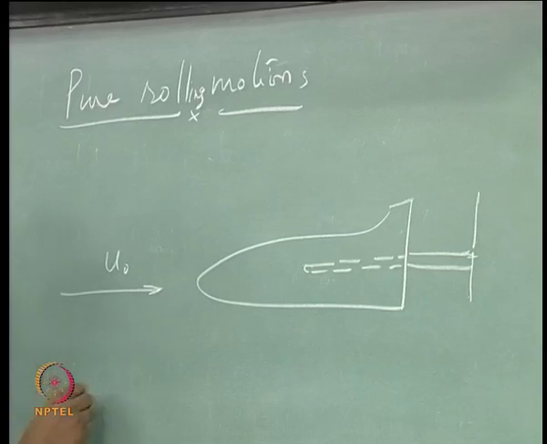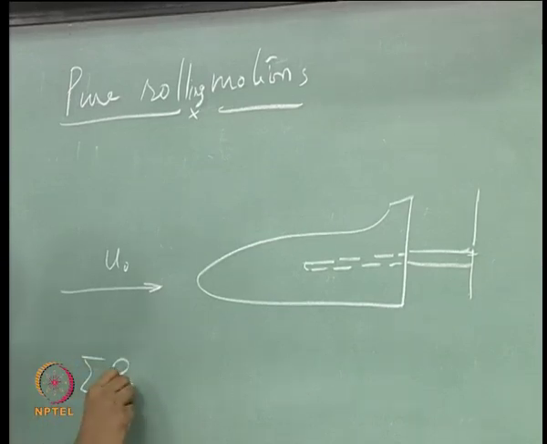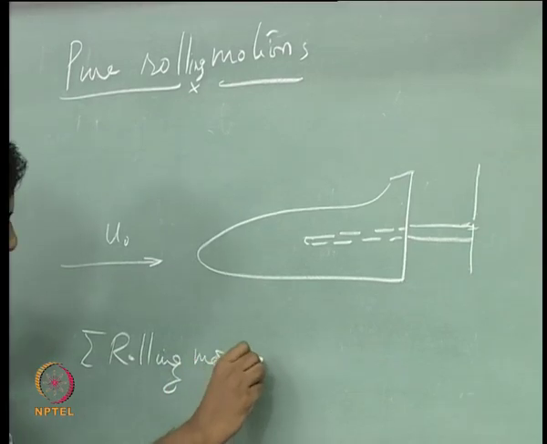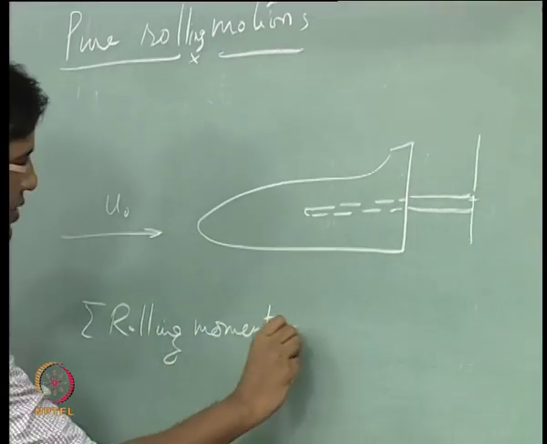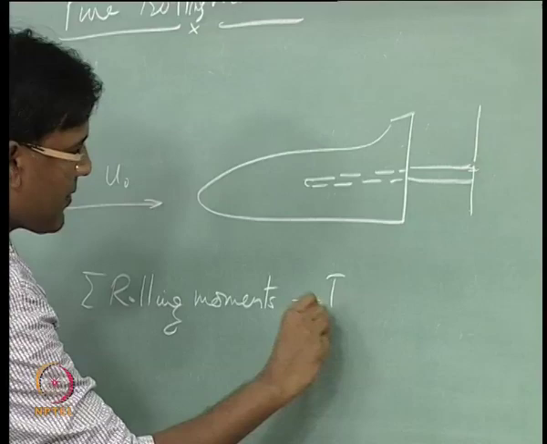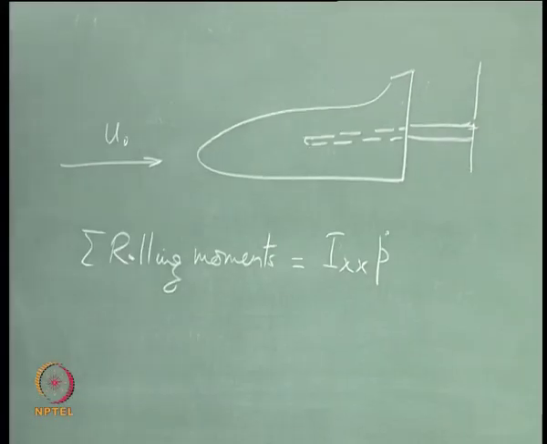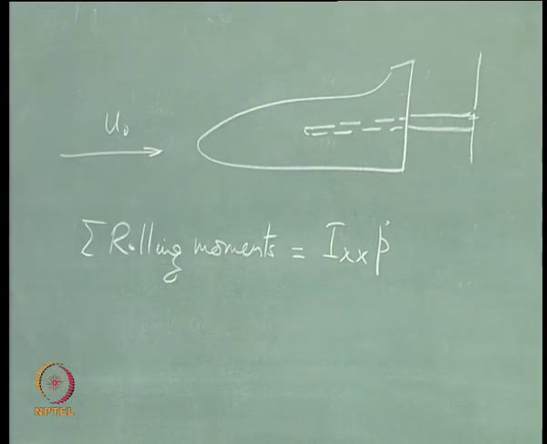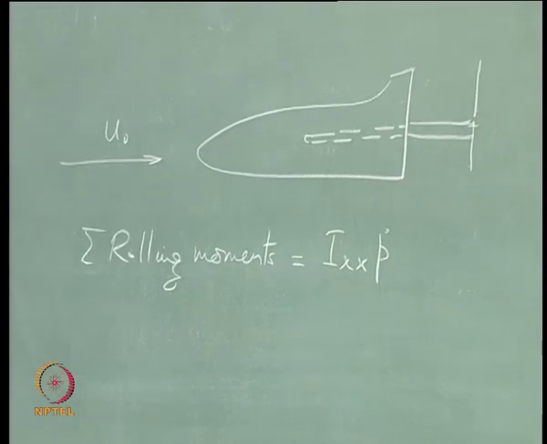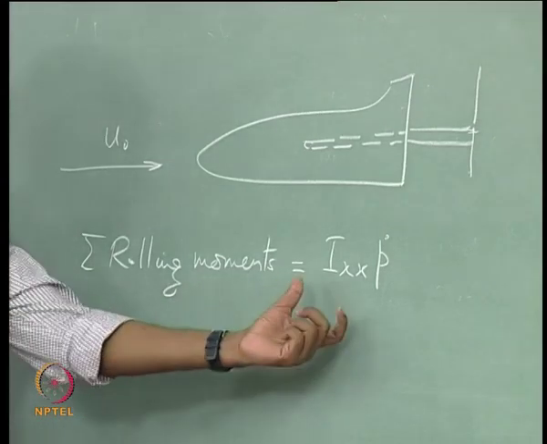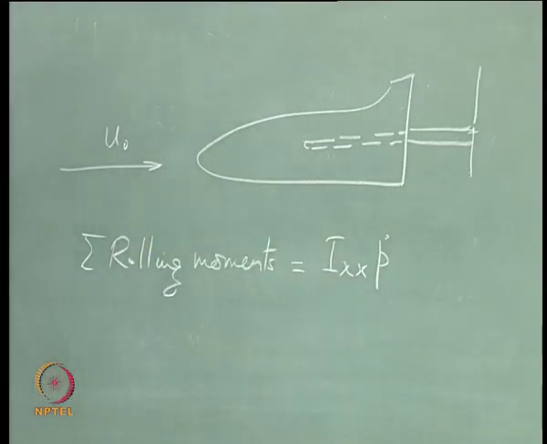So, since it is constrained to only roll, the equation would be, right, sum of all external rolling moments is equal to Ixx into P dot.